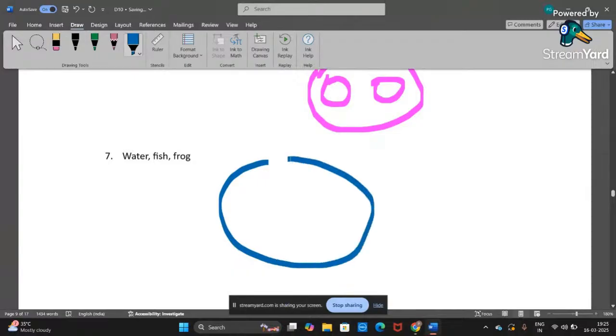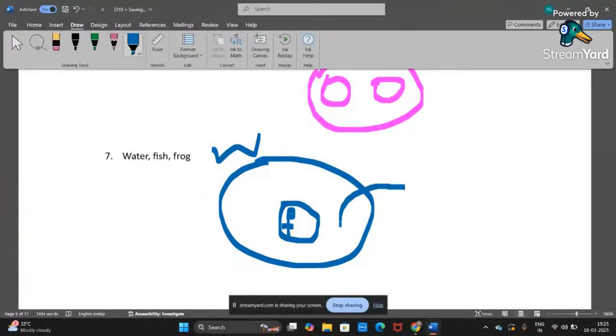See, let us take this circle as water. Fish will be inside the water, right? It cannot survive out of the water. So, fish will be inside water, but frog can live in water as well as on land. So, this is the Venn diagram for this.